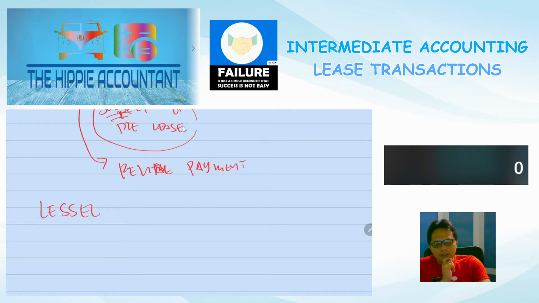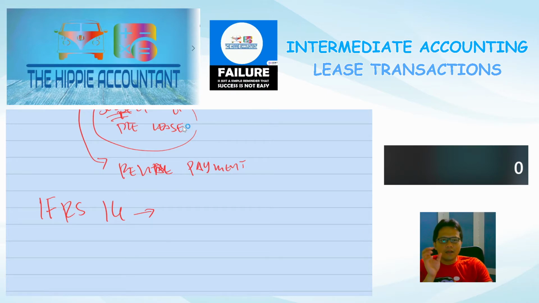So, when it comes to the lessee, or by the way, no? Lease accounting ngayon, bagong-bago lang talaga to, is now covered by IFRS 16. Okay? This new standard, or kumbaga may standard talaga tayo specifically tackling all lease transactions, which took effect just in 2019.